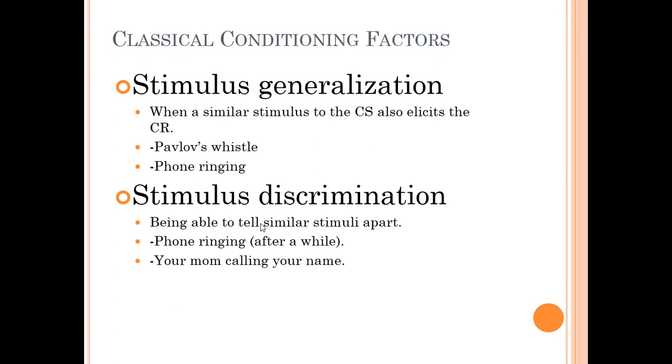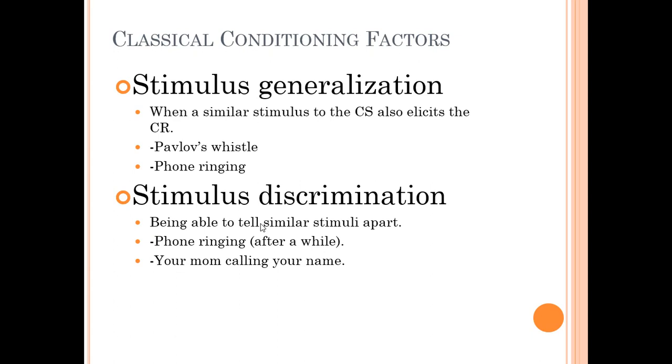Now, animals can also discriminate between stimuli. Discriminate here doesn't mean to put other people down. It's not a racial or gender issue here. Discrimination here means being able to tell things apart, right? Being able to discriminate between a bell and a whistle.